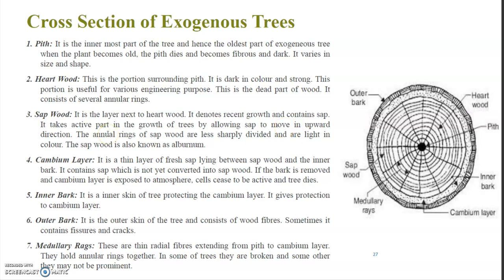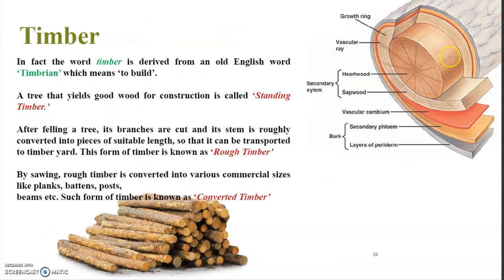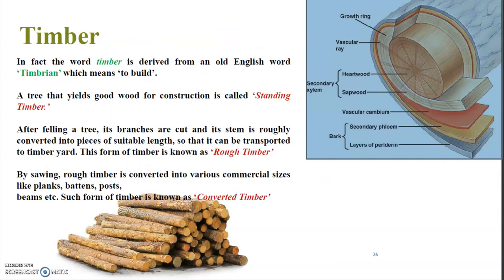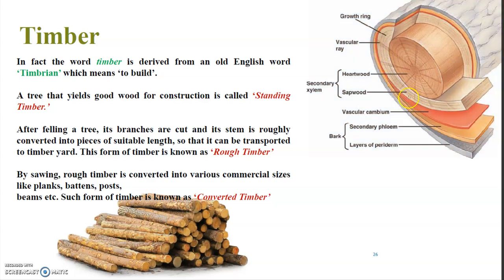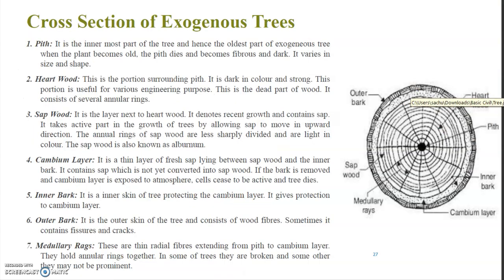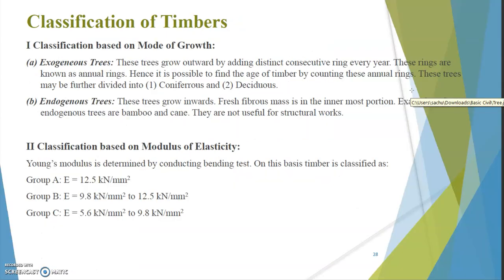In simple terms, the sapwood is responsible for circulating enough moisture throughout the tree for its further growth and development. So if you want to convert this wood into timber, you should treat that particular sapwood portion, right? That process is nothing but seasoning, which we will see. Then again we will go for the classification.